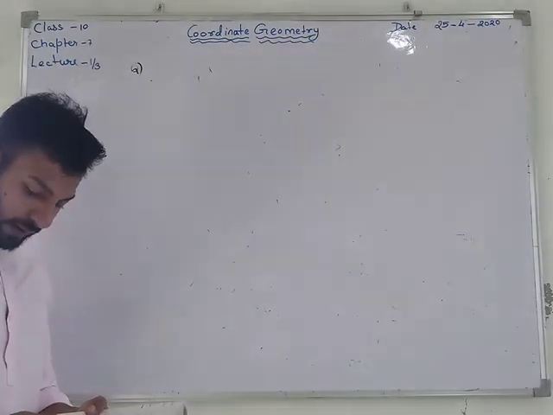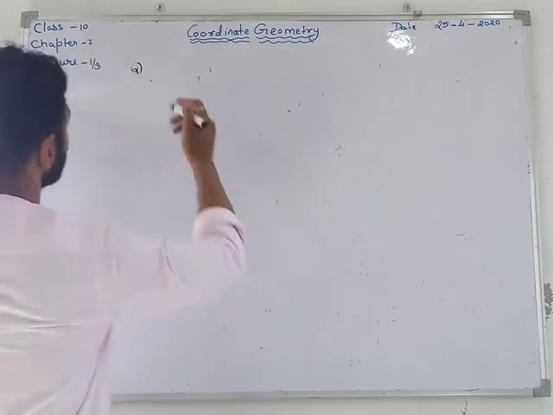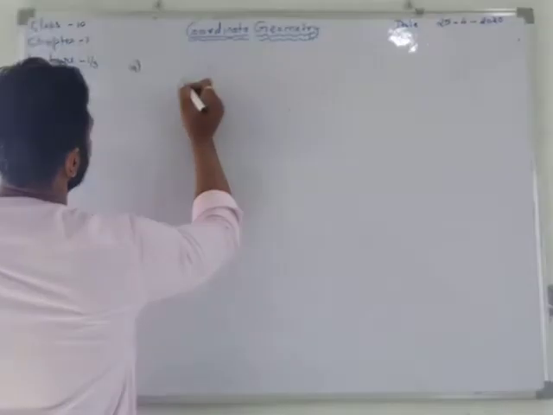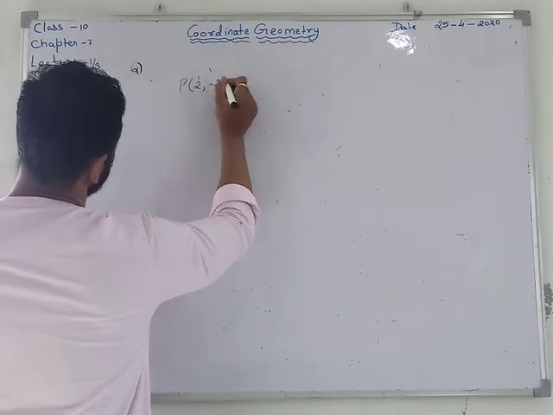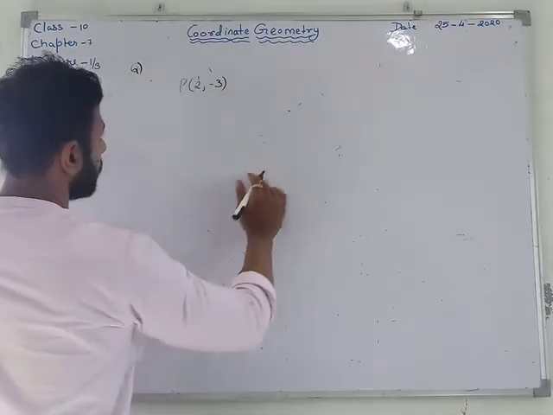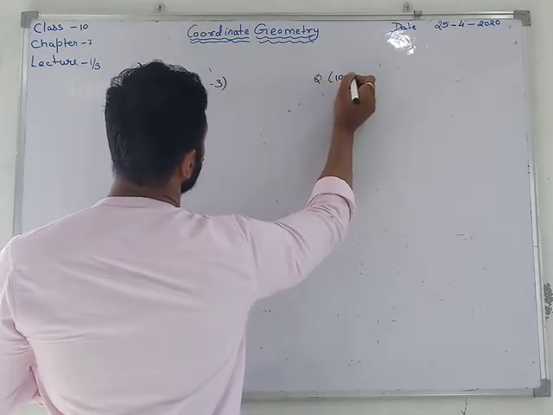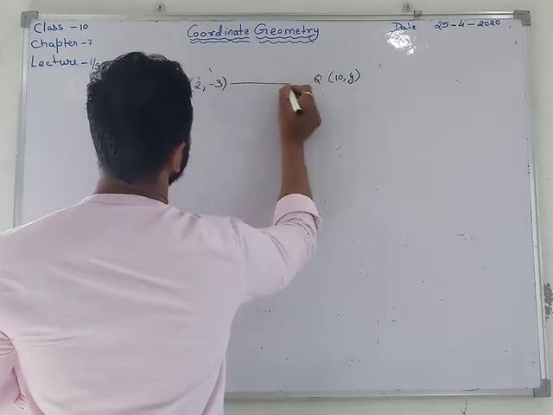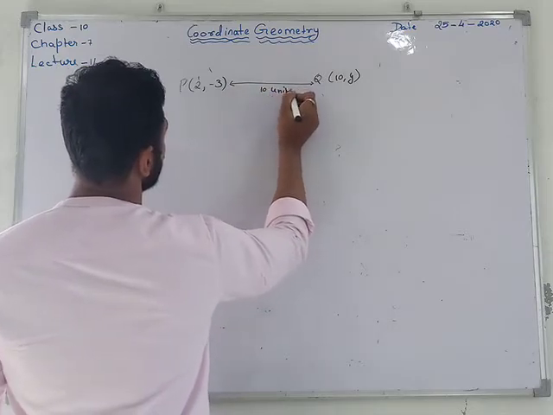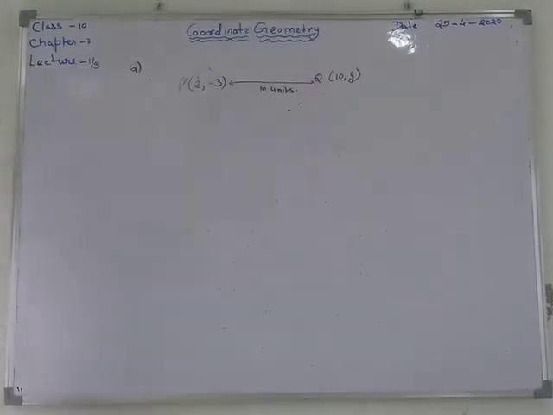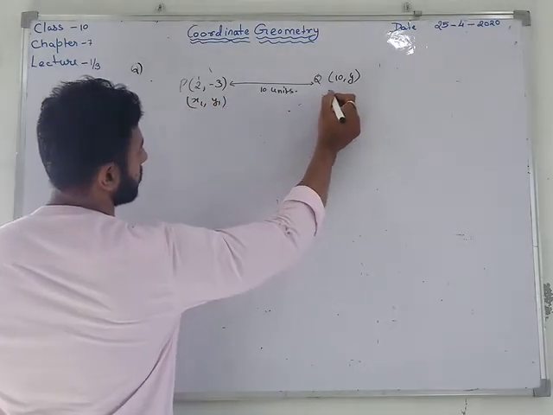Now question says that find the value of y for which the distance between the point P, which is (2, -3), and Q, (10, y), is 10 units. Applying the distance formula between these two, this is x1, y1, this is x2, y2.